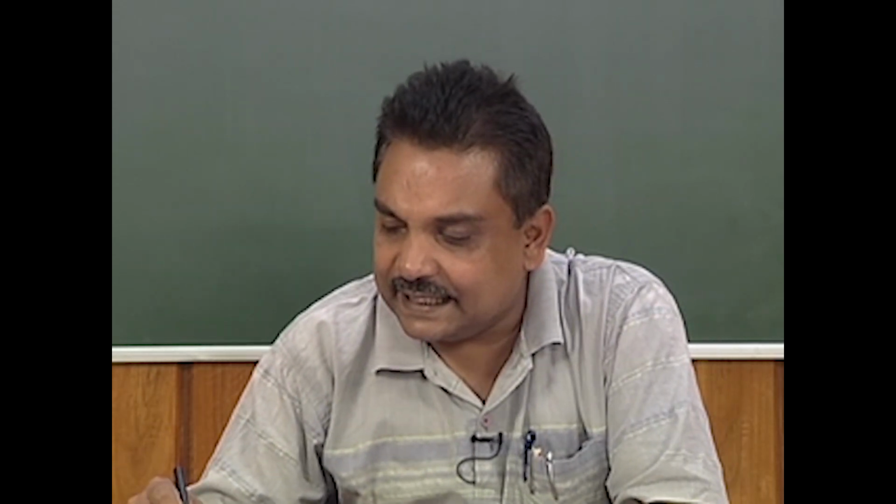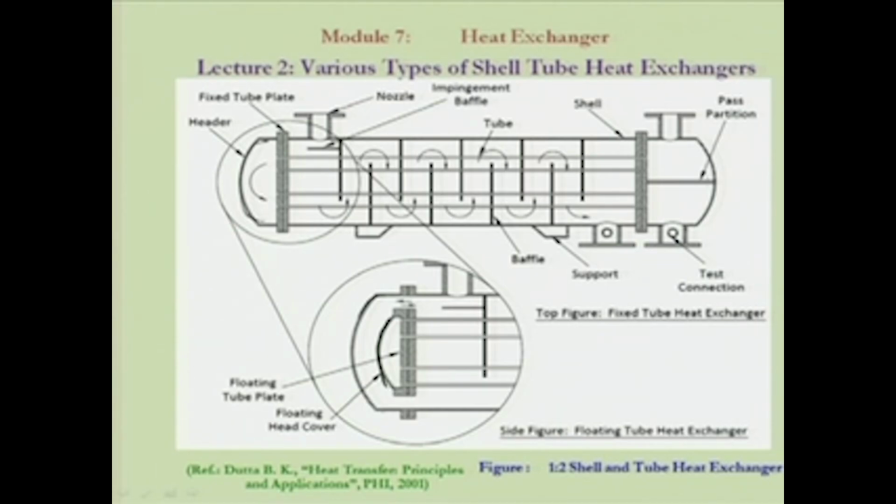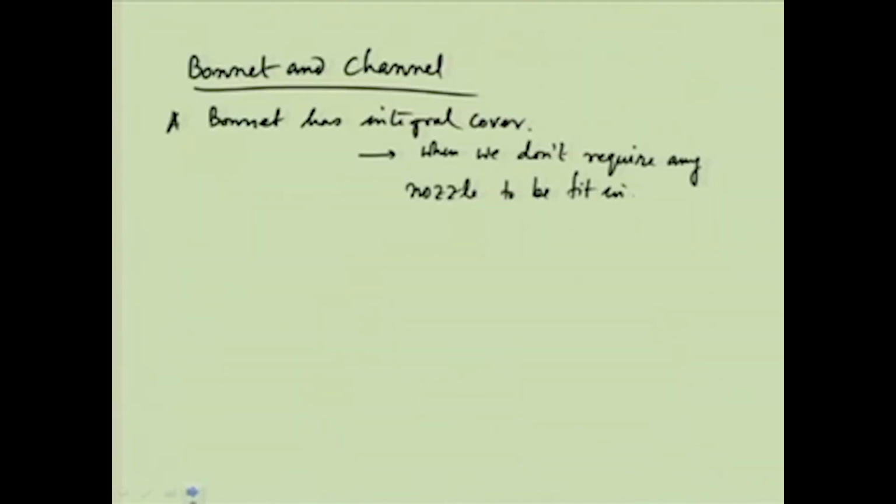whereas a channel can have a removable cover. This part is the channel cover, the whole thing is called the channel, and this part is called the channel cover. So a channel can have a removable cover, and it basically consists of two parts.